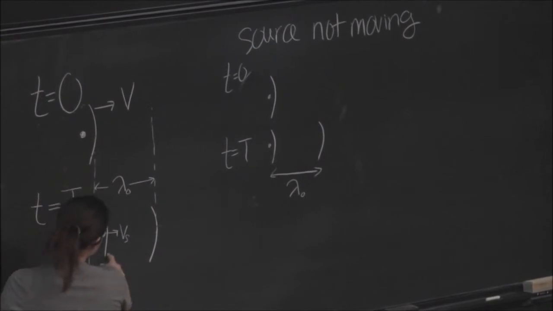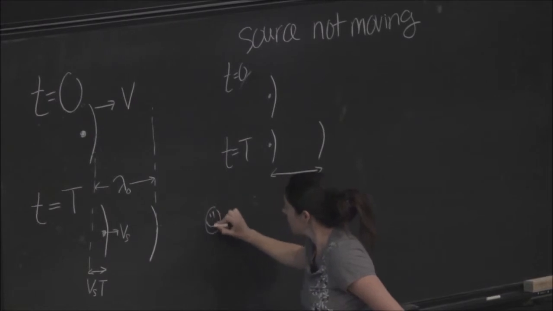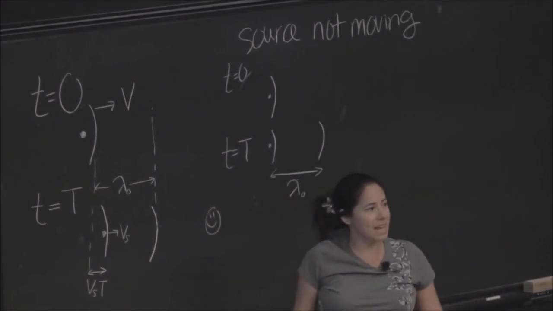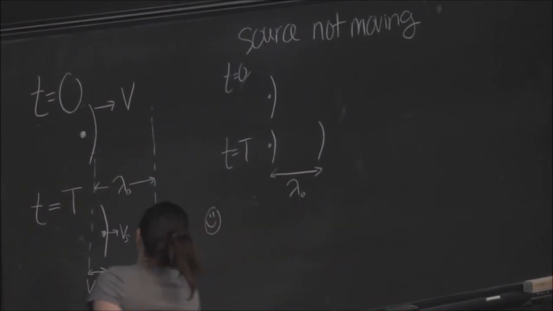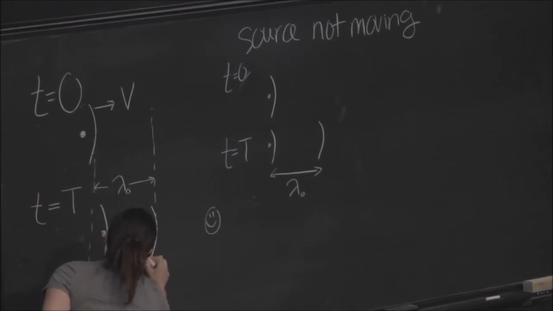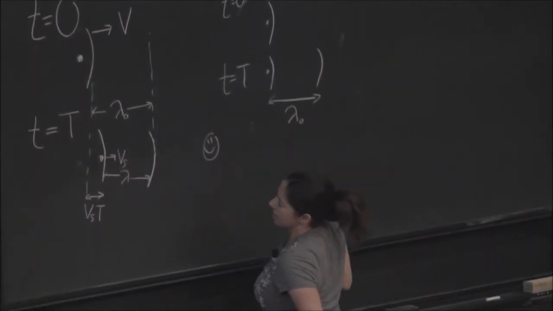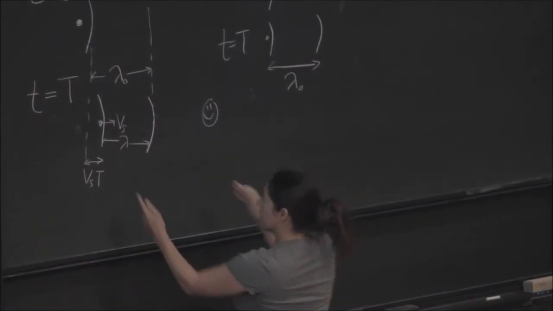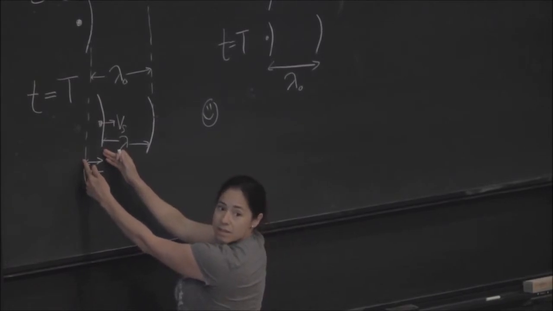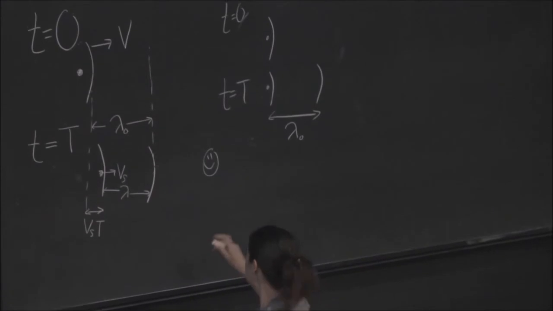So the new wavelength that somebody sitting over here, happily listening for sound, is going to see, the distance between the wave peaks, this distance lambda right here, looks like this distance lambda plus the distance that the source moved is equal to the original wavelength.